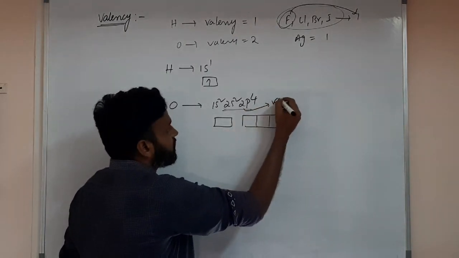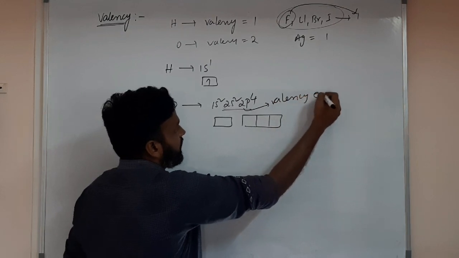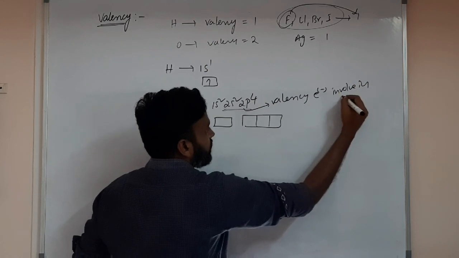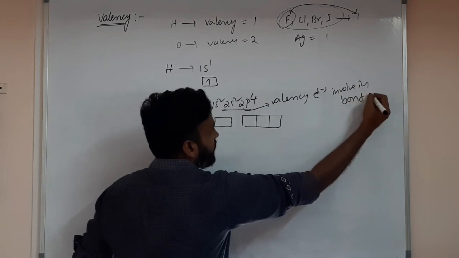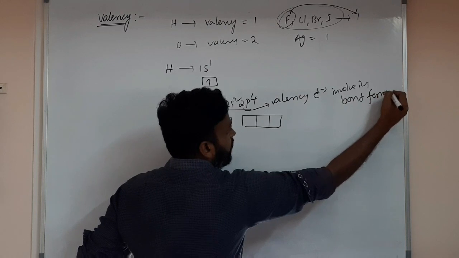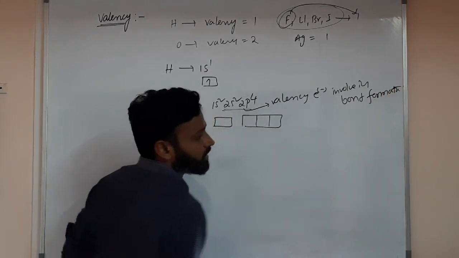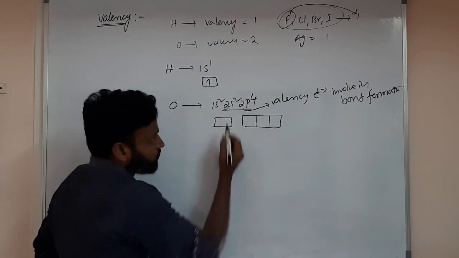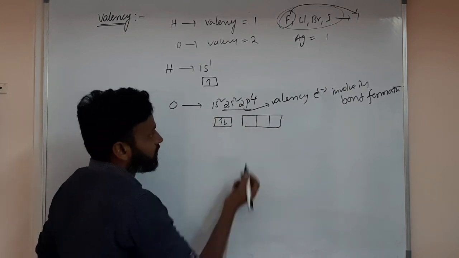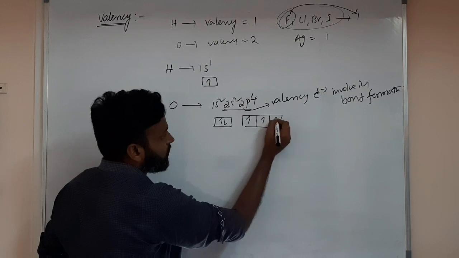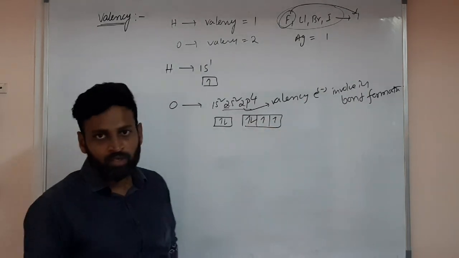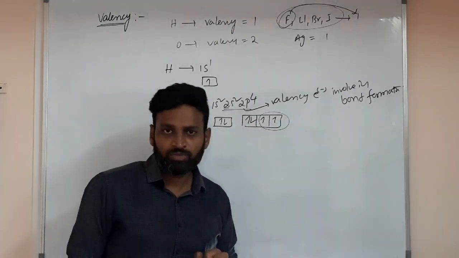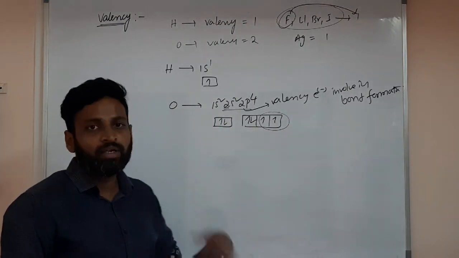Valence electrons are involved in chemical bond formation. Very important. Valence means the last shell with the highest n value. So 2s has 2 electrons, 2p4 means 1, 2, 3 and pairing. So oxygen has how many valence electrons? 2. So oxygen can form only 2 bonds.